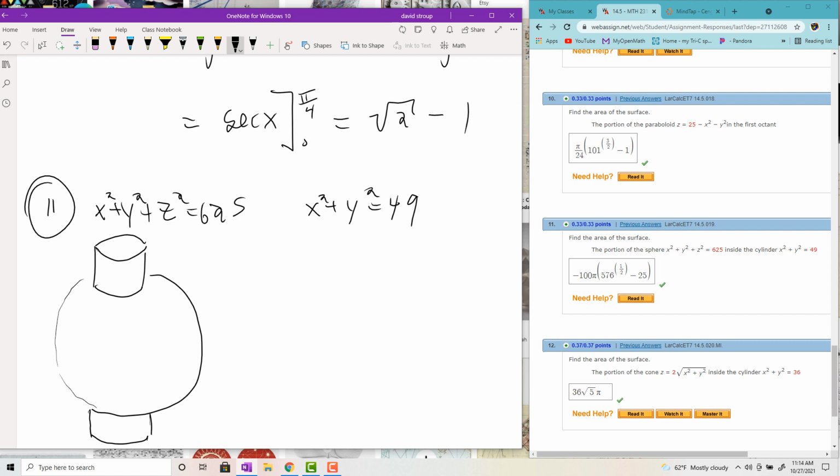The portion of the sphere inside the cylinder, x squared plus y squared is 49. So what they're looking for are basically these portions in here. They're kind of like little contact lenses. They want the surface area of that part, and then also the downward part. Down here, they also want this portion.